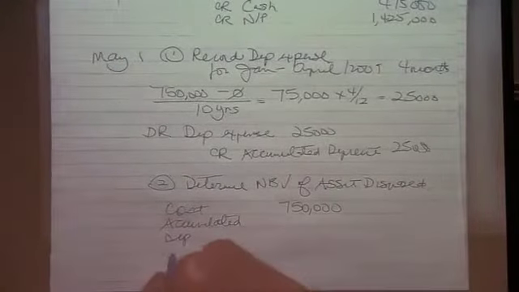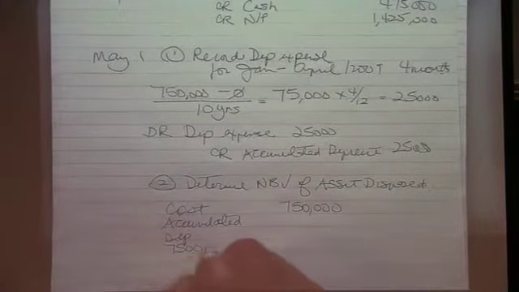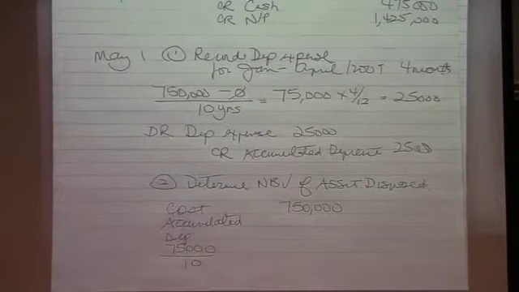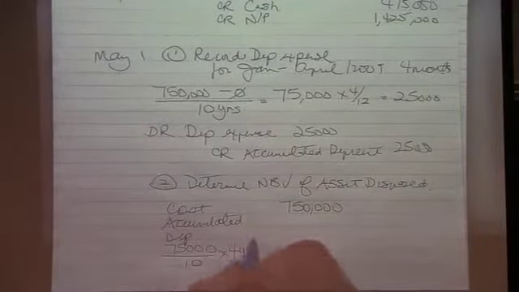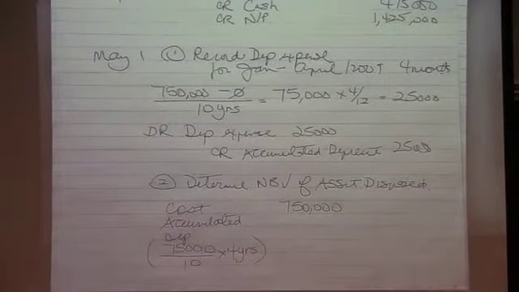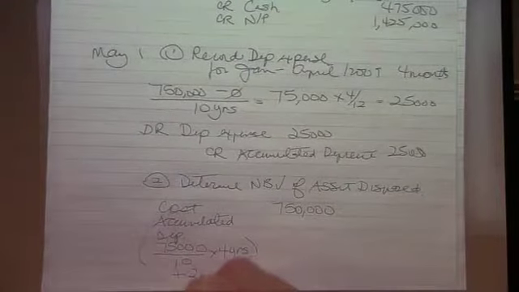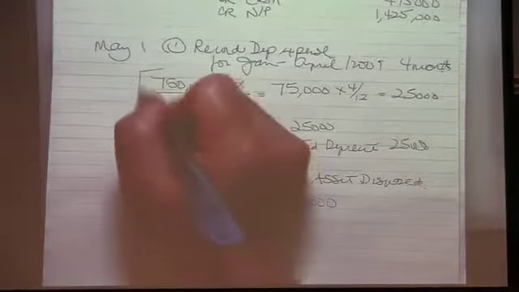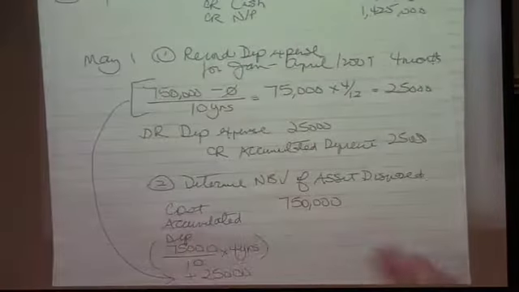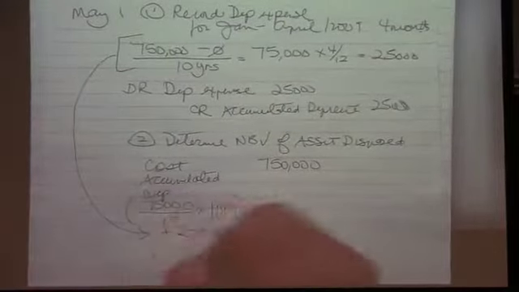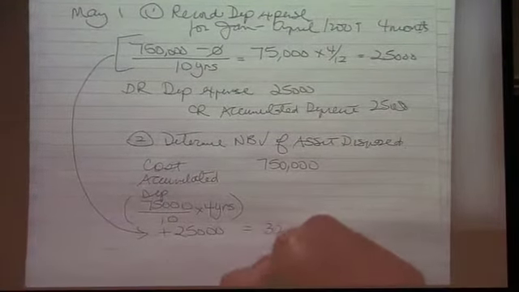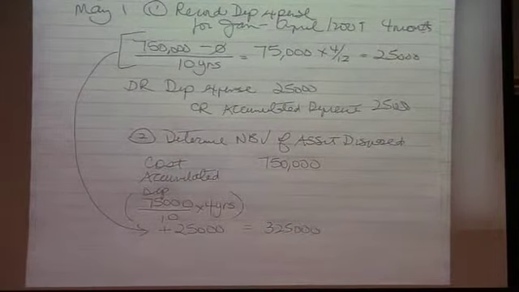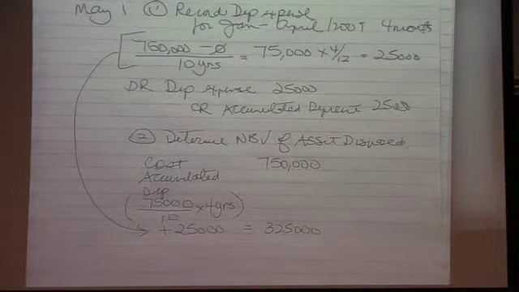So we need to determine the accumulated depreciation: $75,000 times 4 years, plus we need to add the $25,000, which reflects the May 1st. So the cumulative depreciation is $325,000, right?